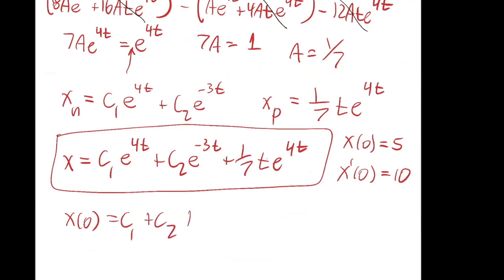When I plug 0 in there, I happen to get 0 here, but that's not going to happen all of the time. So yes, you do need to include that particular solution when you do both of these conditions. So when you find the derivative, you would want to take the derivative of that.